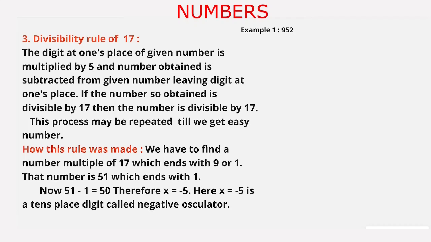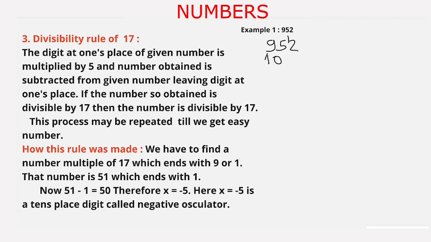In example 1, the number is 952. We have to find whether this number is divisible by 17 or not. The last digit of this number is 2. So we multiply 5 by the last digit 2, and 5 times 2 is 10.